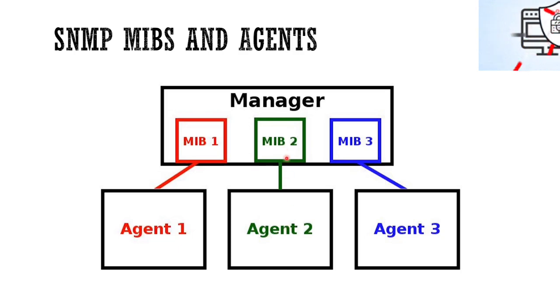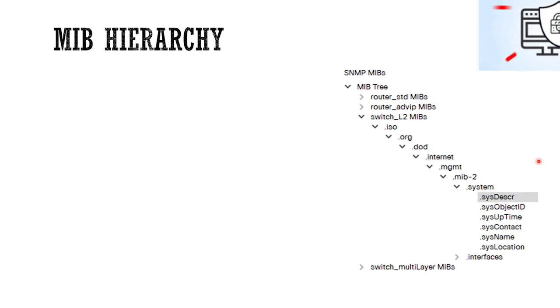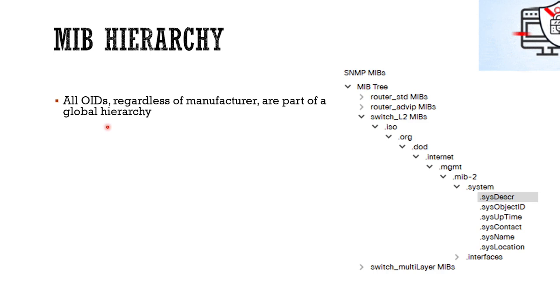MIBs have a hierarchy. These object IDs, regardless of manufacturer, are part of a global hierarchy. You can see here I have .iso, .org, .dod, .internet, all the way down to system. And now we're describing things like the description, or the uptime, or a name. Every OID is unique, and the SNMP manager must know what MIBs the agent is going to use.